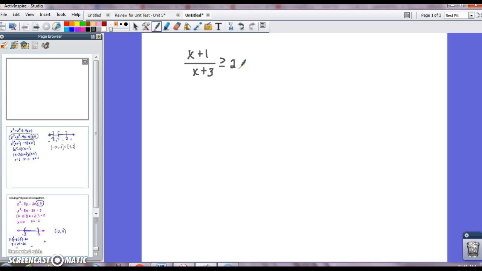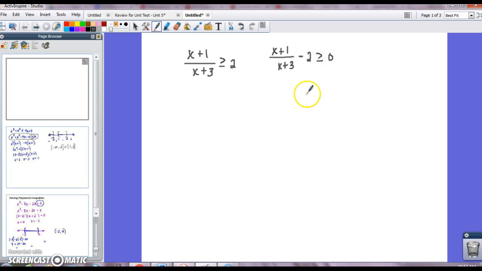So what we want to do is express it so that one side is 0, so basically we have everything on one side of our inequality. And this is stuff that you've done before, you just haven't done it for a while. If I subtract 2 from both sides, I end up with x plus 1 over x plus 3 minus 2 is greater than or equal to 0.